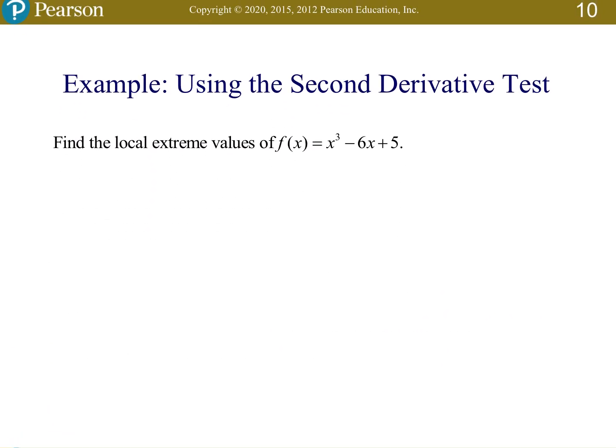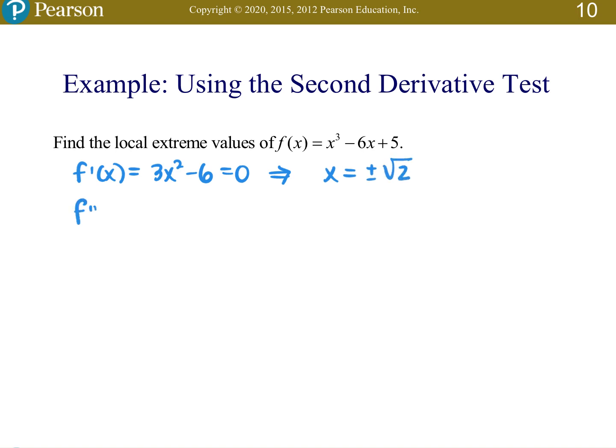So let's use that method to find the local extreme values. I can do that without making a chart. I can go to f prime, which would be 3x squared minus 6. Setting that equal to 0 leaves me with 2 solutions, plus or minus rad 2.